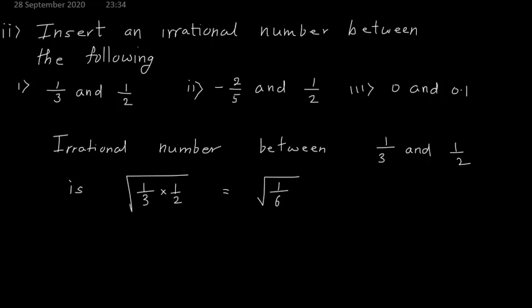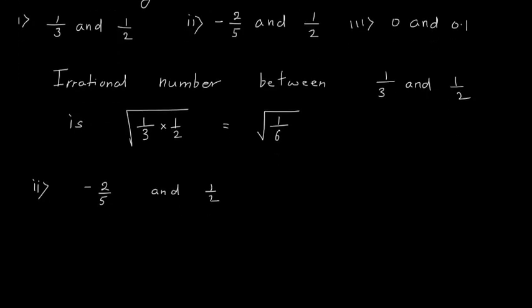Okay, second problem: minus 2 by 5 and 1 by 2. So minus 2 divided by 5 and 1 divided by 2. So what we will do, we will first take the square of these two numbers. No, it will not help me.